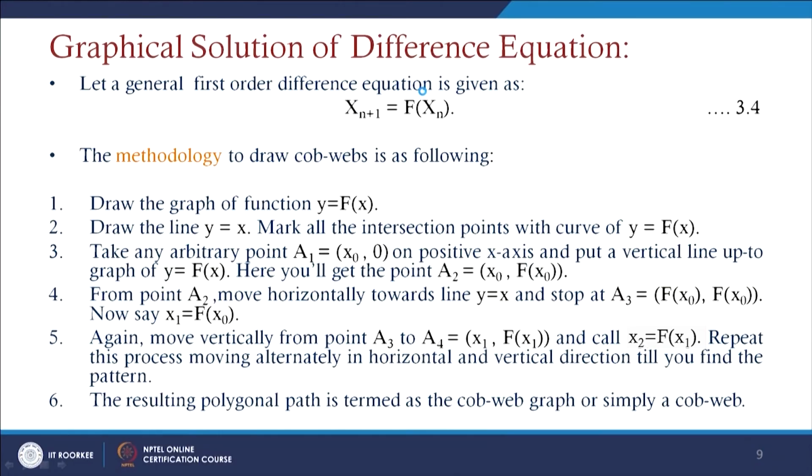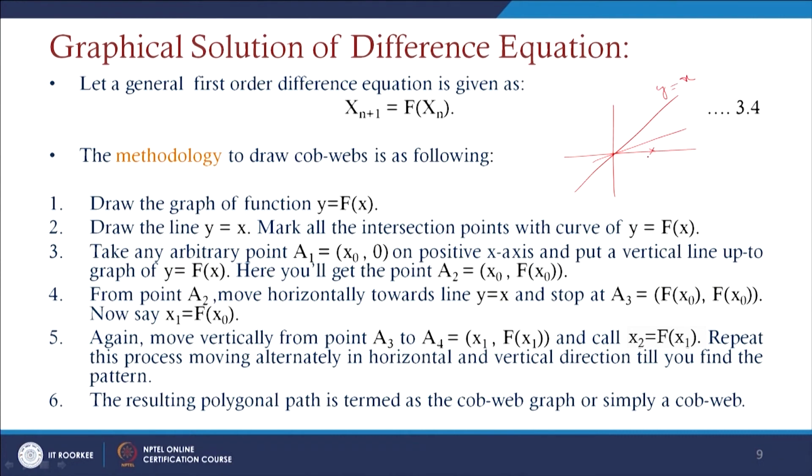Here you will get the point a2 as the point (x0, f of x0), that I will show in the next slide. From point a2 move horizontally. You will have a graph here and the line y equals x also exists there.